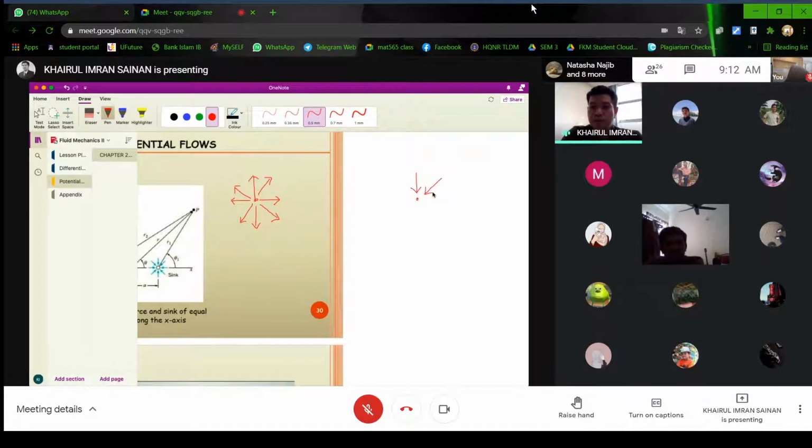So while you draw, I'll try to explain how they combine. Okay, source and sink, if it is far enough from each other, nothing would happen.